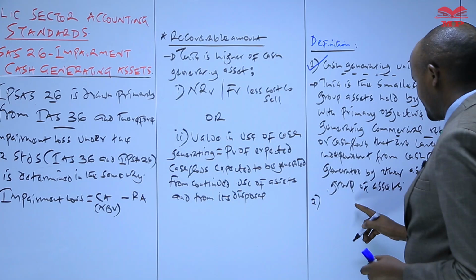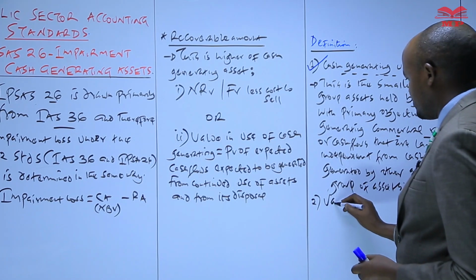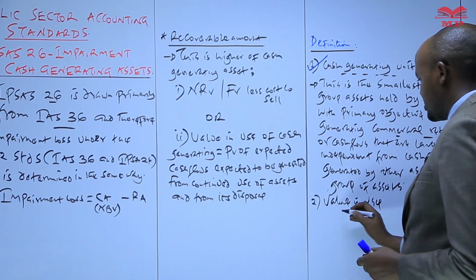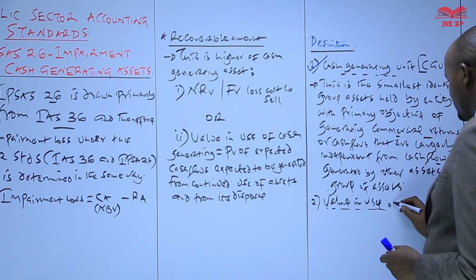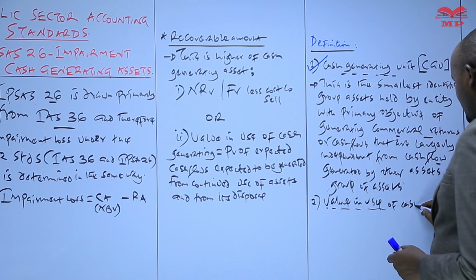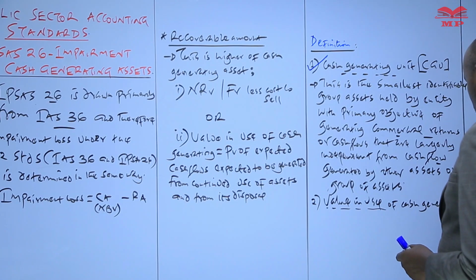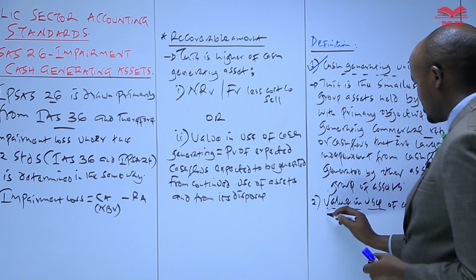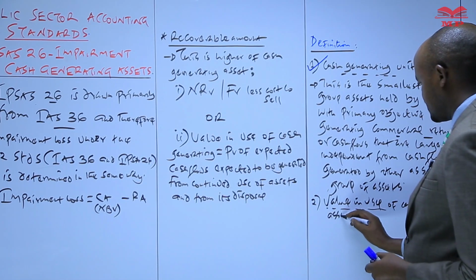is maybe we can define the value in use, although I think we have briefly mentioned that here. So we define the value in use of a cash generating asset.